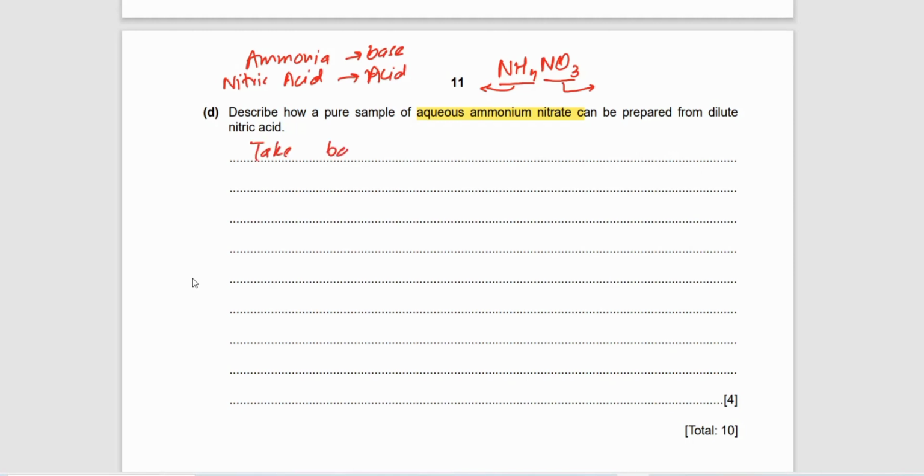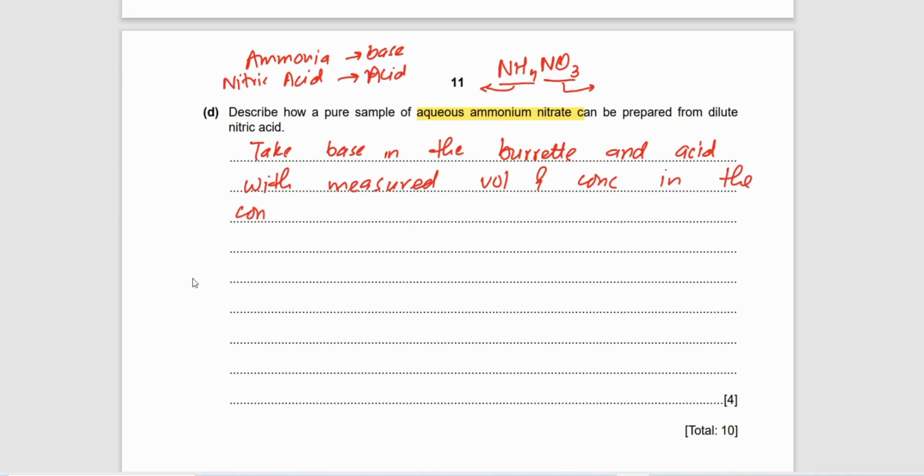Take base in the burette and acid with measured volume and concentration in the conical flask.